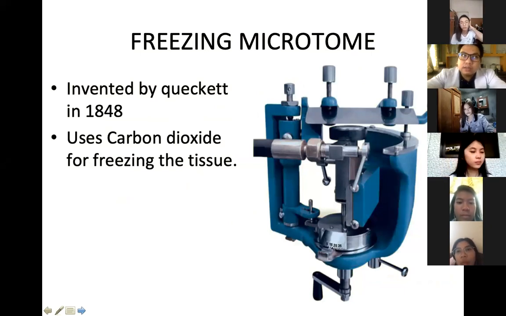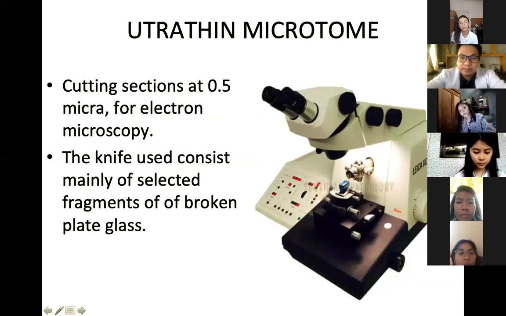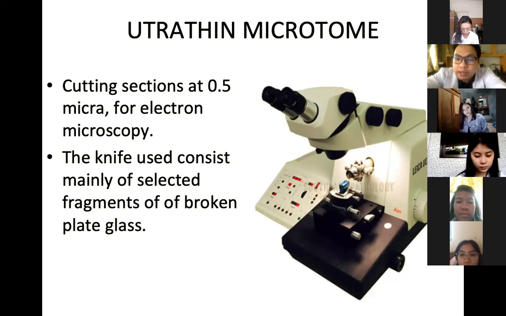Kung magkakaroon kayo ng chance to do internships sa doctors or sa ibang hospital na meron histopath, meron sila nito. Okay? Pag hindi naman ito, meron tayo yung cryostat for frozen. Okay, ultra thin microtome. This is a special type of microtome used for electron microscopy.